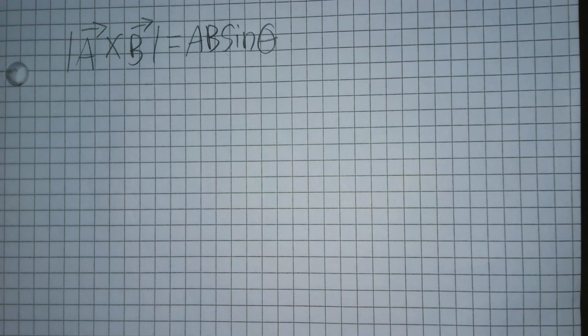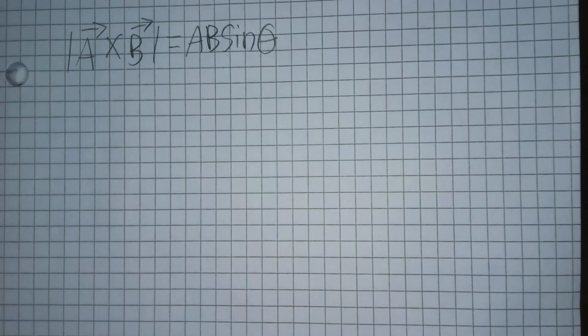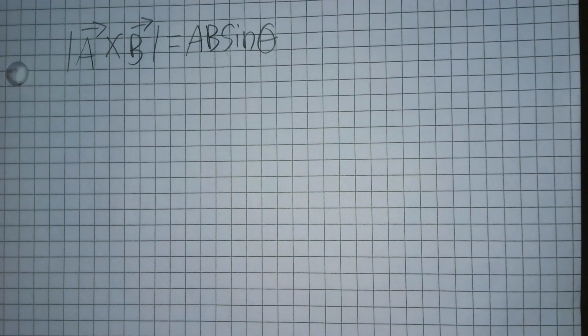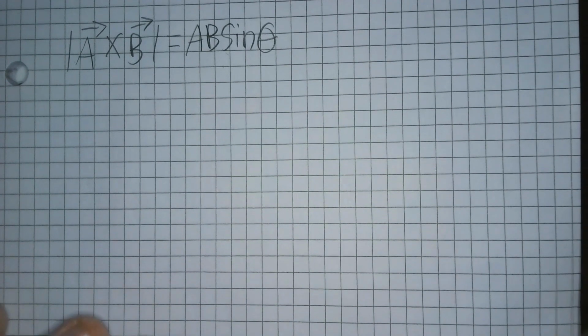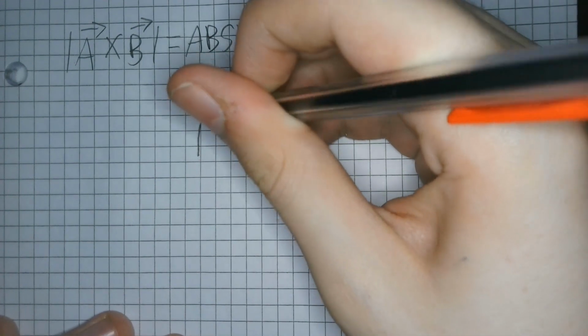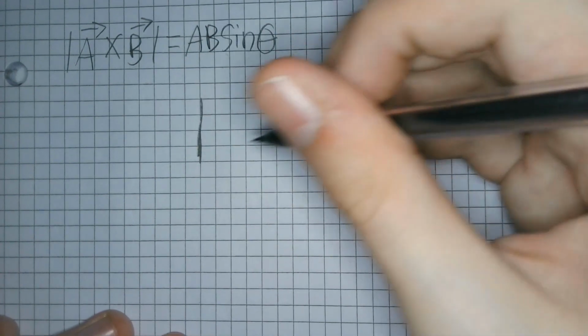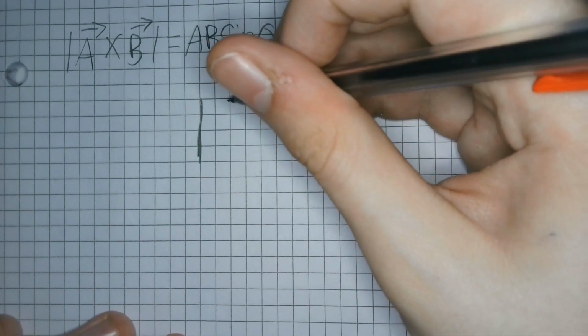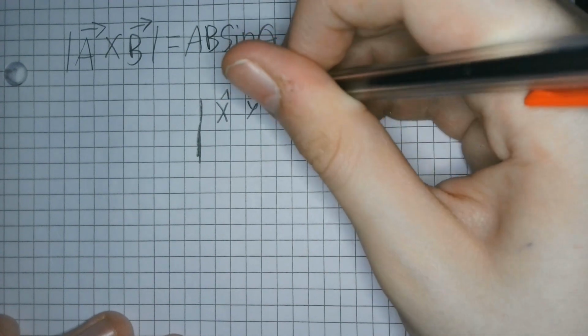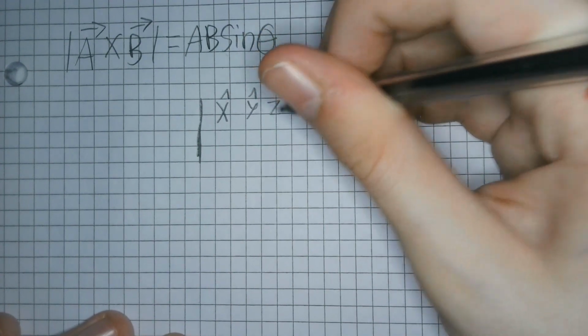Okay, so what you can do is, if you know the components' magnitudes, you still do have to know something, but if you know the components' magnitudes, then we can set this up as three rows of a determinant. Don't be too worried if you don't understand what a determinant is right now. But what we're going to do is we're going to draw a line here. Okay, and I'm going to write our unit vectors, x hat, y hat, and our newest one, z hat.